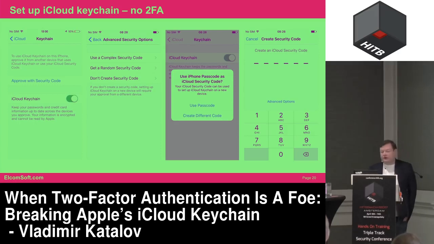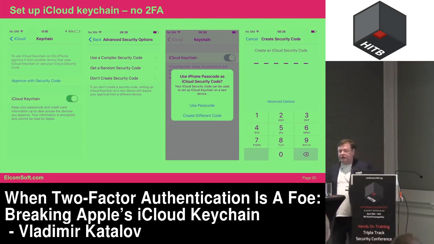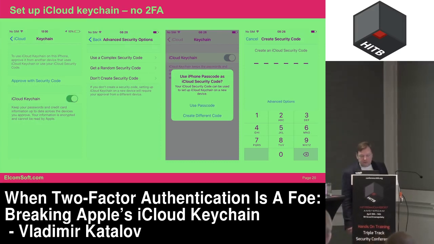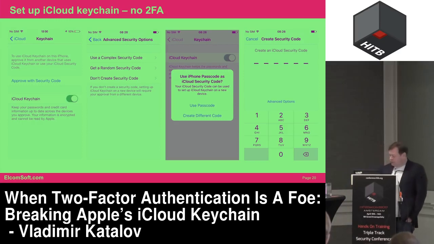So in the worst case, if you lose everything, all of your devices, including even the phone number, you will still be able to restore that data with the help of Apple. And you can select what security code to use. It can be complex or random, or you can create your own.